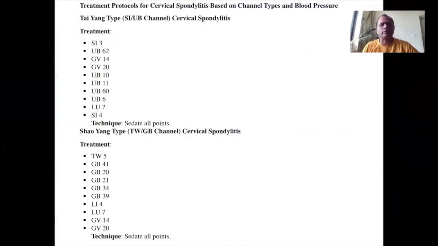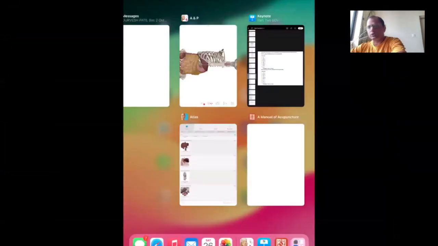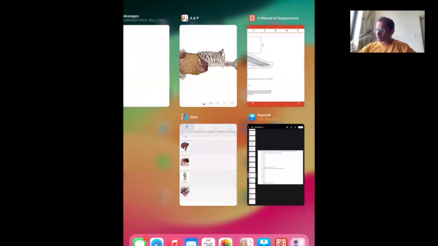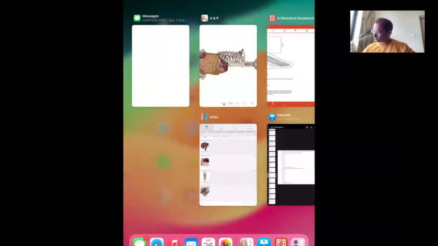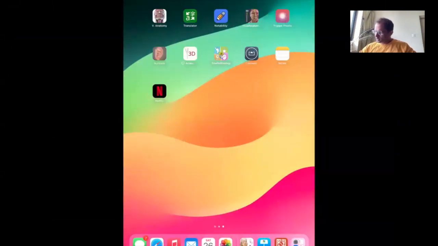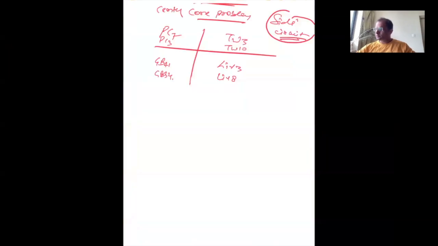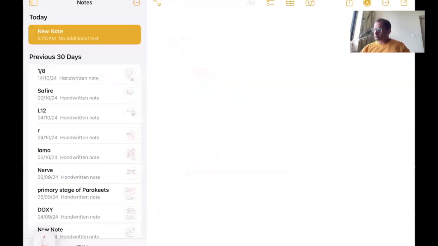We have discussed two types of spondylitis. Whenever we talk about cervical spondylitis, we need to understand three conditions. हमें तीन कंडीशन को समझना होगा. Condition one is called spondylitis.